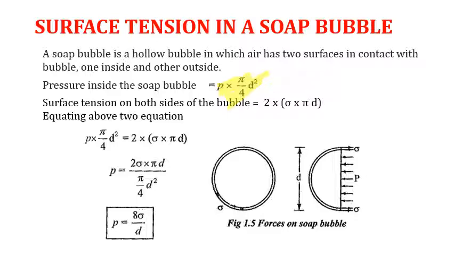While the surface tension acts on both sides of the bubble, so the circumference pi d has to be multiplied by 2. Now for equilibrium, they have to be equal, and just rearrange the expression. So this internal pressure is 8 sigma over d, which you can see is double that of a liquid droplet.